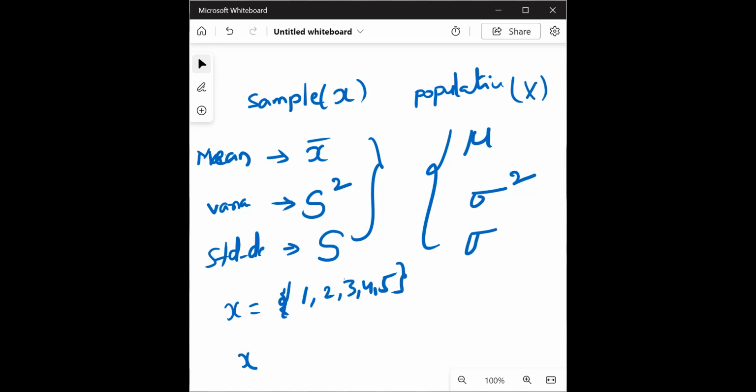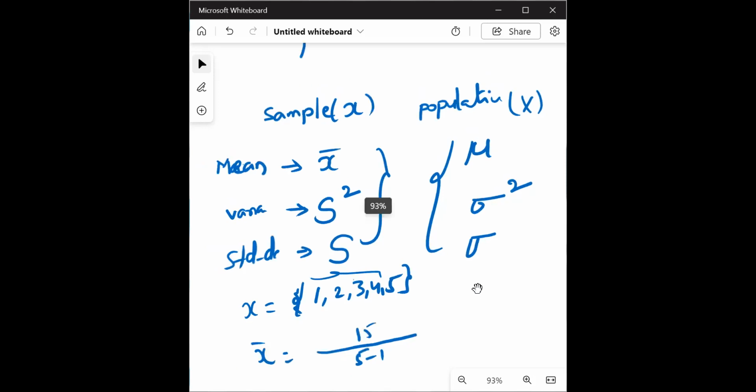I would like to calculate the mean of the sample. It's a very simple thing: the sum of the elements divided by the total number of elements minus 1. Here we have 5 elements, so 5 minus 1 is 4. And 1 plus 2 plus 3 plus 4 plus 5 is 15, right?